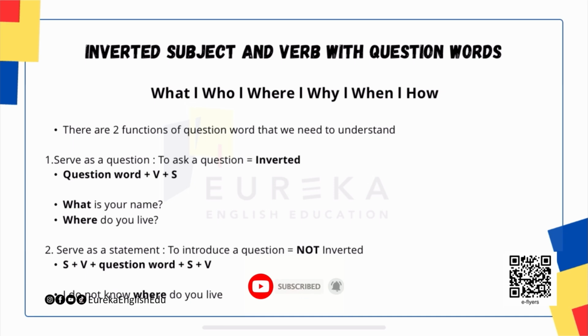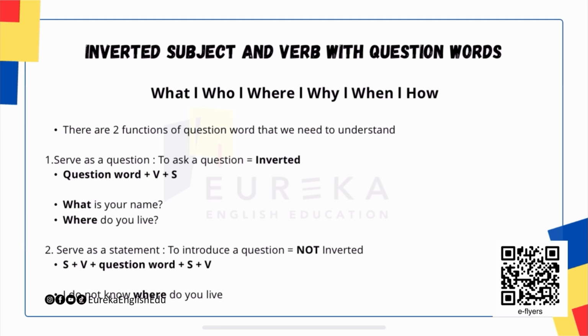And then the second function is the question words that serve as a statement. So the function here is for the question word to introduce a question. In this type of function, we do not invert the subject and verb.